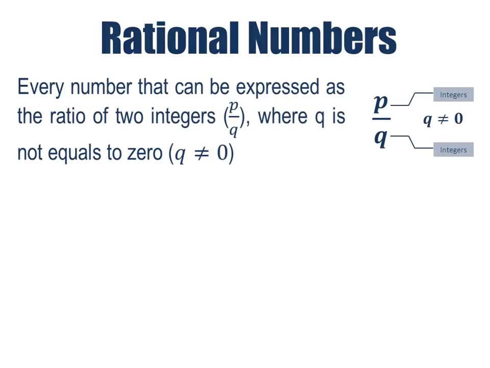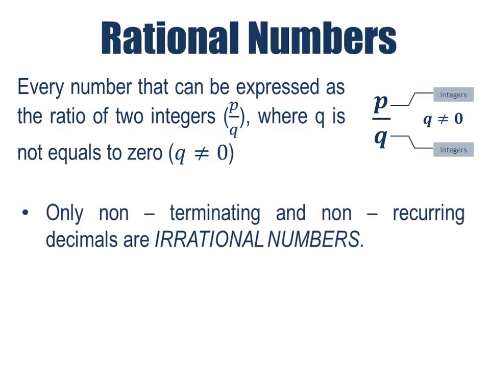Every number that can be expressed as the ratio of two integers p over q, where q is not equal to 0, is a rational number. As we have discussed, all non-terminating, repeating and recurring decimals are also rational numbers. We have only one case left behind, that is, only non-terminating and non-recurring decimals are irrational numbers.